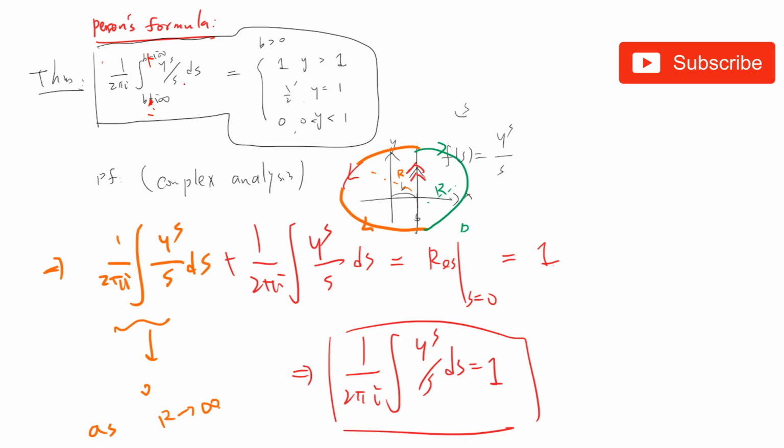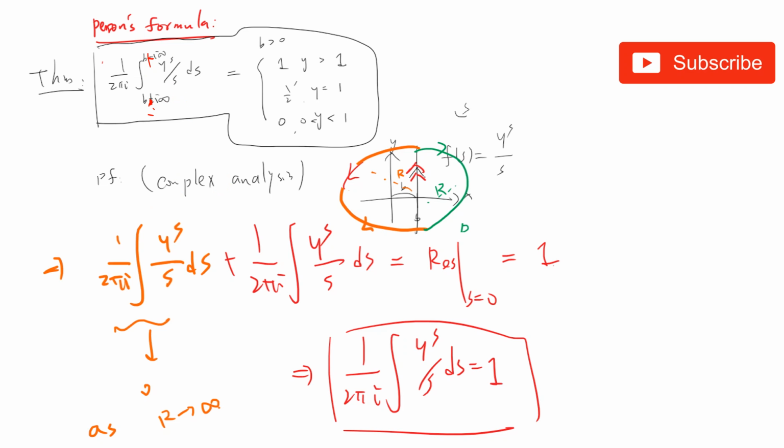Here y is a positive real number, and b is greater than 0. We have three consequences: if y is greater than 1, the answer is 1; if y is 1, the answer is half; if y is between 0 and 1, the answer is 0.